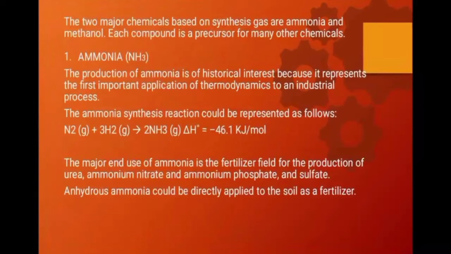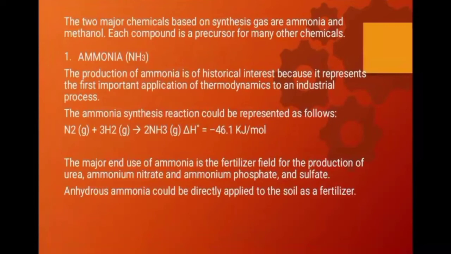The first is ammonia, or NH3. The production of ammonia is of historical interest because it represents the first important application of thermodynamics to an industrial process. The ammonia synthesis reaction can be represented as the equation you can see in the slide.